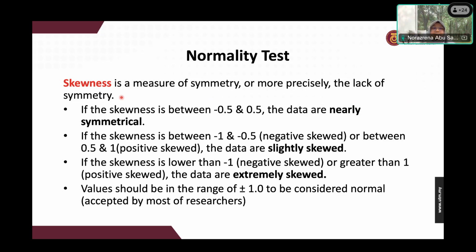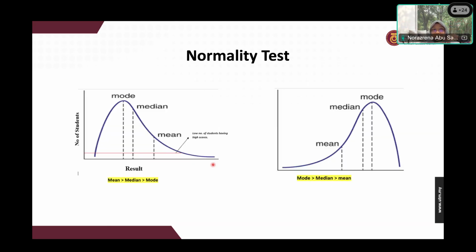That's skewed. The range is from -1 until +1, for example -0.8 or +0.7. So it can be considered normal, accepted by most researchers. Okay, that's skewness: skewed to the left or skewed to the right, something like this.